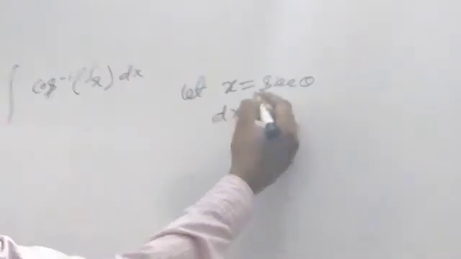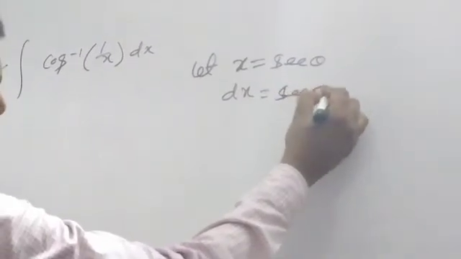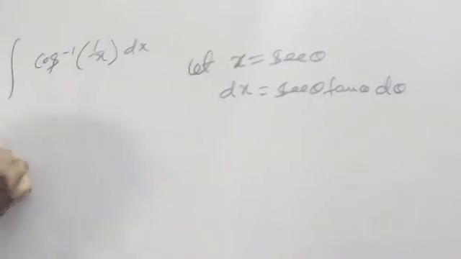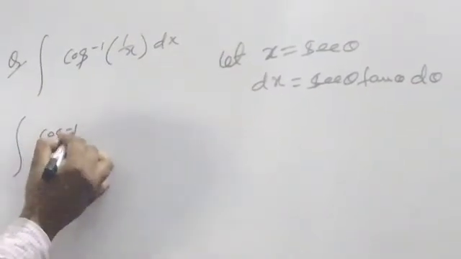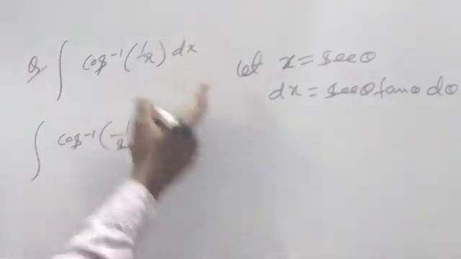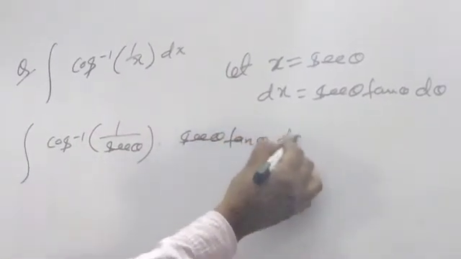Then dx is equal to, what is the differentiation of sec theta? sec theta into tan theta d theta. Then here cos inverse 1 by sec theta into dx is equal to sec theta tan theta d theta.